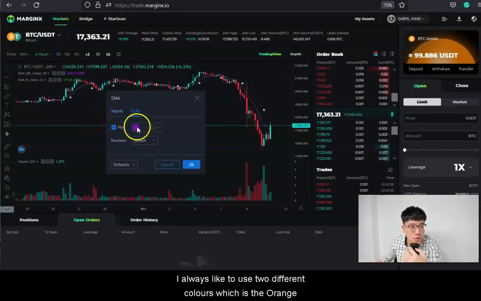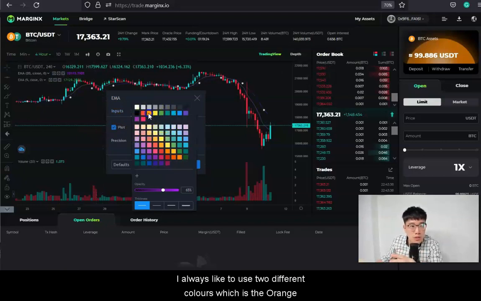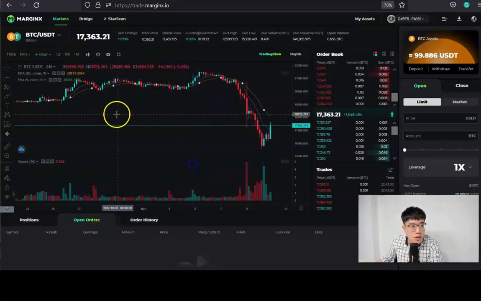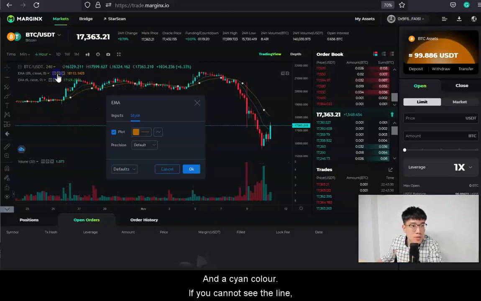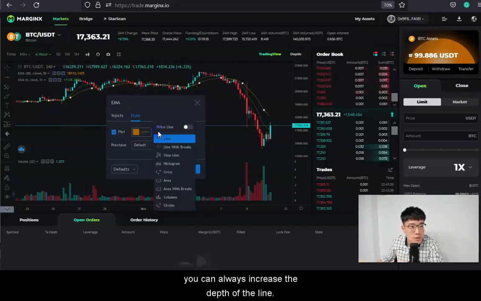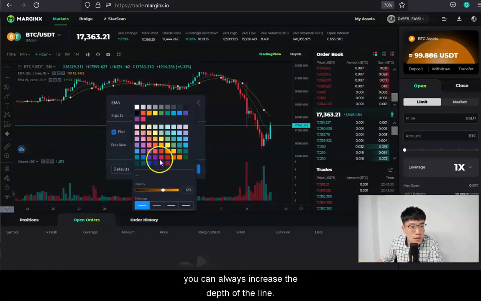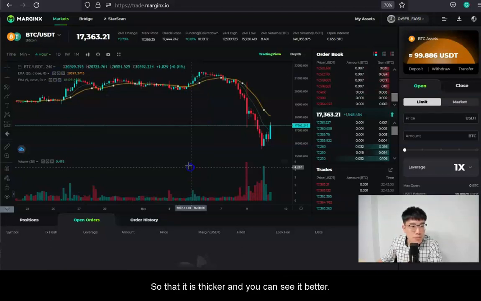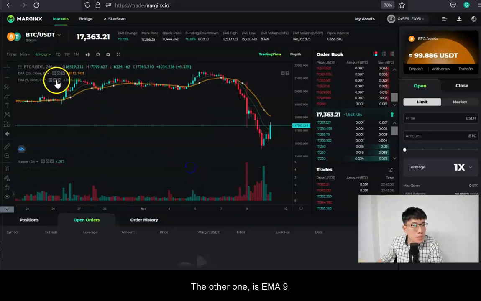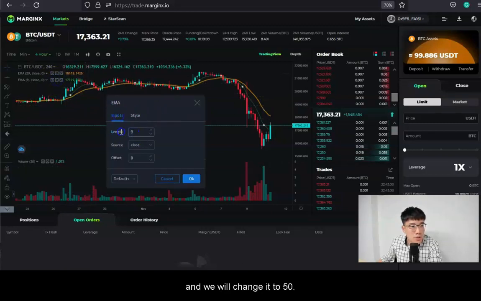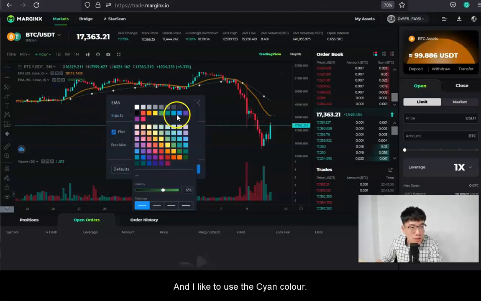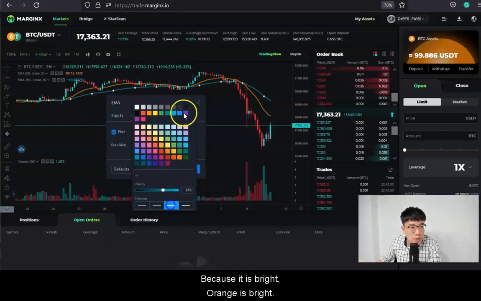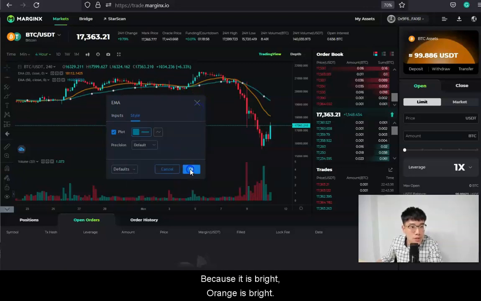I always like to use two different colors, orange and cyan. If you really can't see the line, you can always increase the thickness of the line so you can see better. The other one is EMA 9, so I'm going to change it to 50. And I like to use the cyan color, as I always mention in my videos, because it's bright. Orange is bright too.